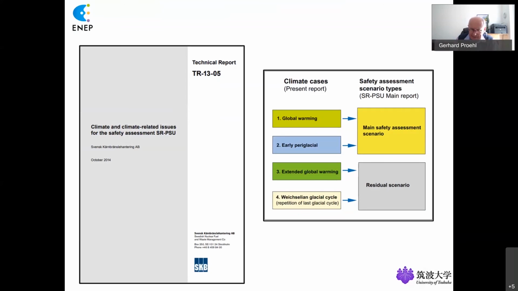But to complement this picture, they have also used some residual scenarios, such as extended global warming or the normal glacial cycle. So you see, what they did is also they tried to find an envelope of the developments that might occur in the future.